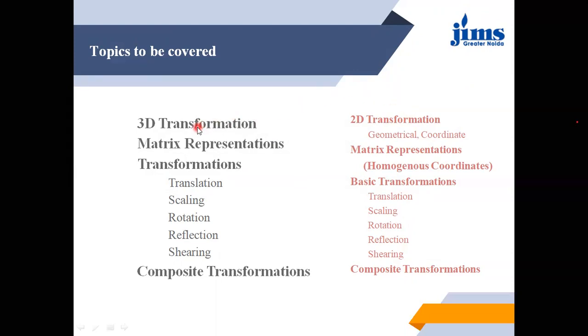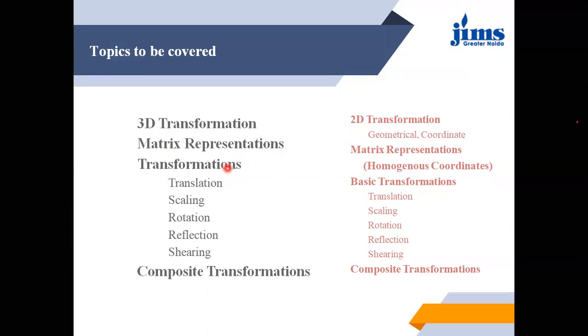So when we discuss the 3D transformation, first of all we will discuss how we can represent an object in matrix form. When we have a 3D object, how can we represent that object in matrix form.